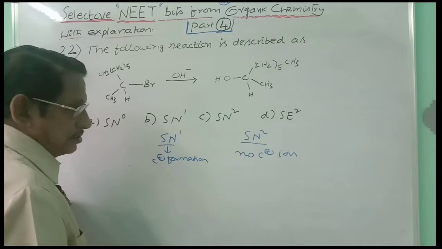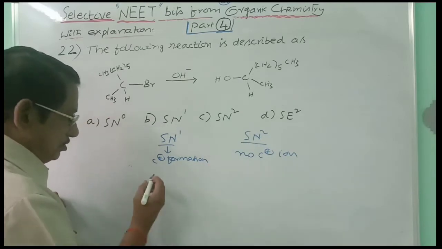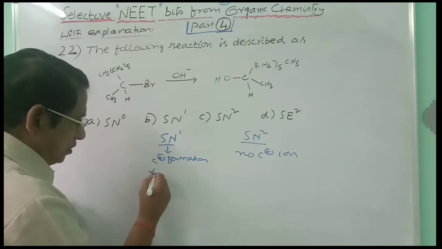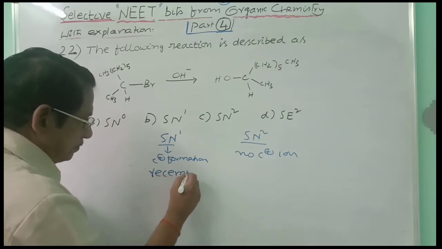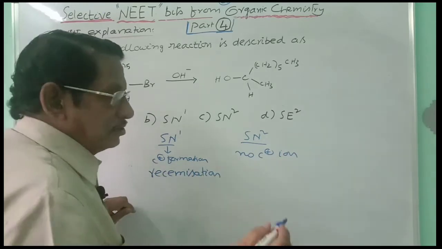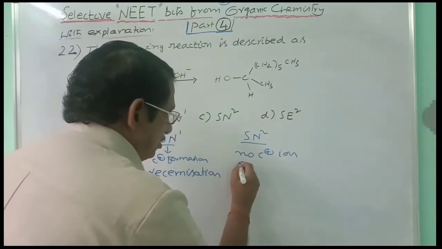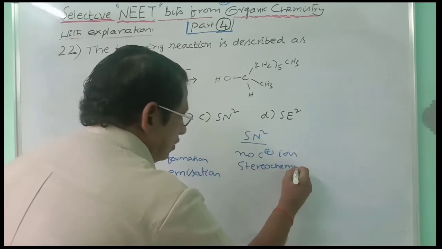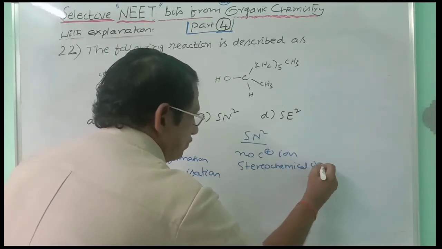The most important difference between these two is that the SN1 mechanism undergoes racemization. The SN2 mechanism undergoes complete stereochemical inversion.